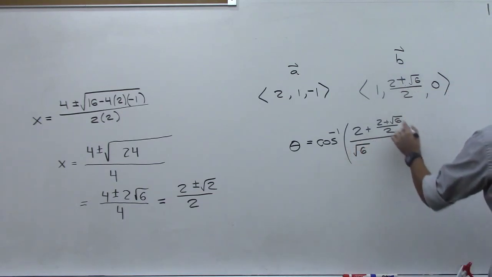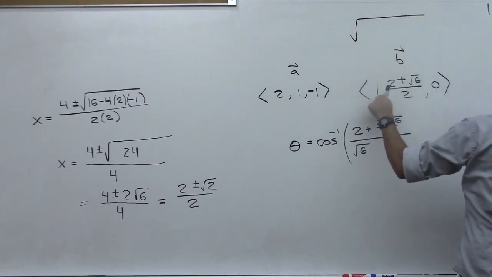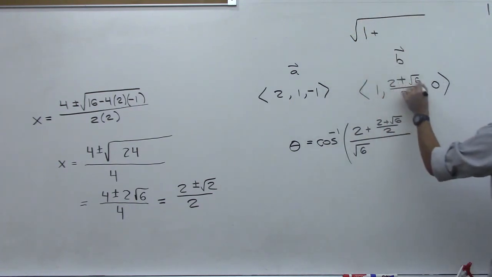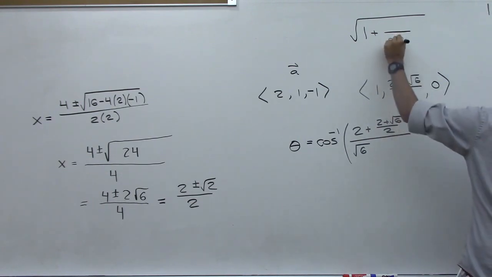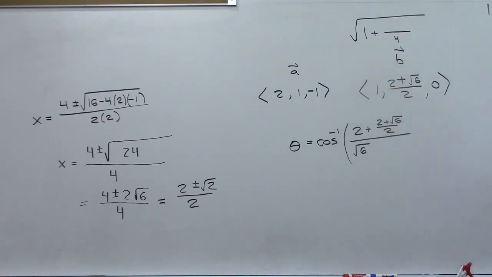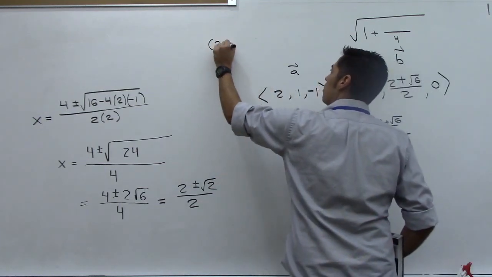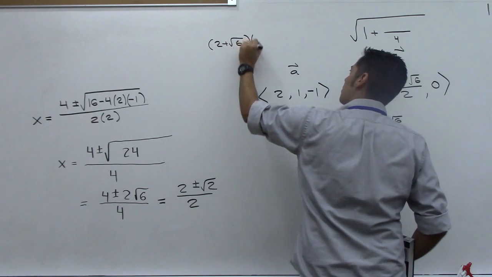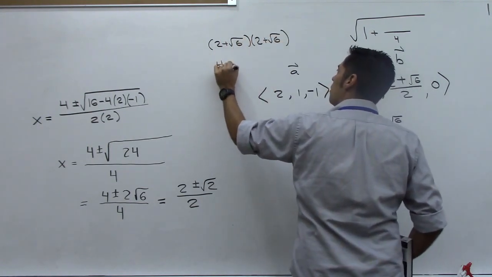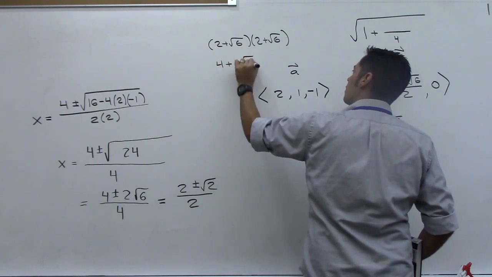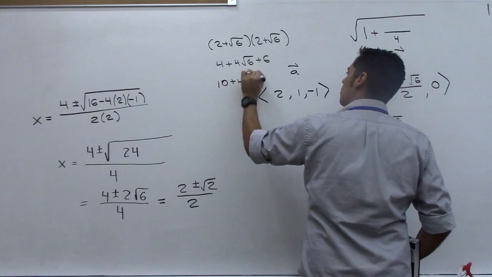The magnitude of B is the square root of 1 squared, plus now we have to square this, and that's going to be a little tricky. I know the bottom of it is 4. The top of it is 2 plus root 6 times 2 plus root 6, which is 4 plus 4 root 6 plus 6, which is 10 plus 4 root 6.